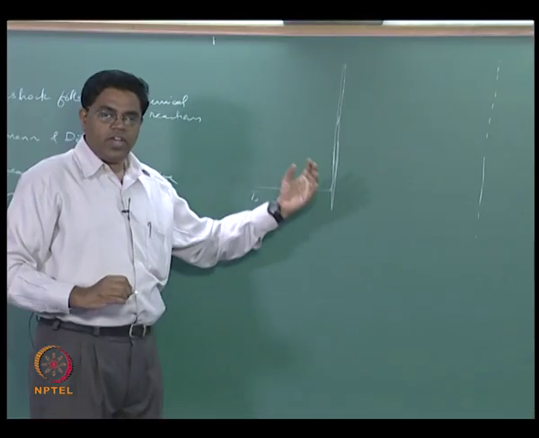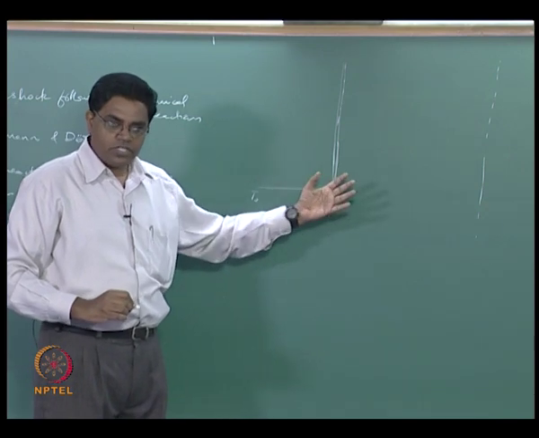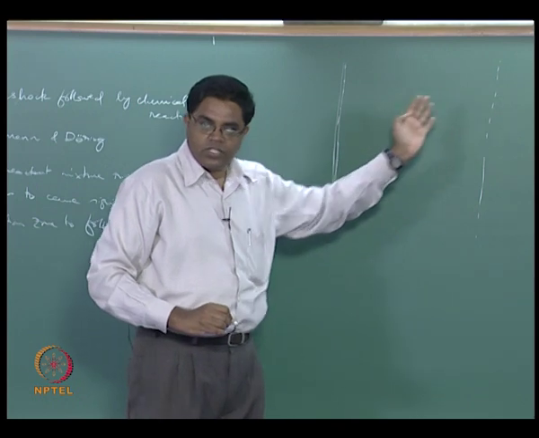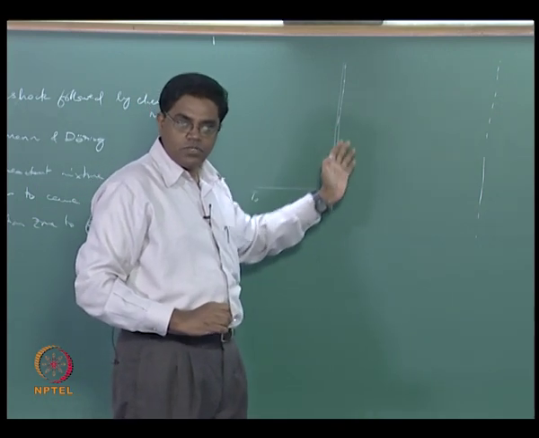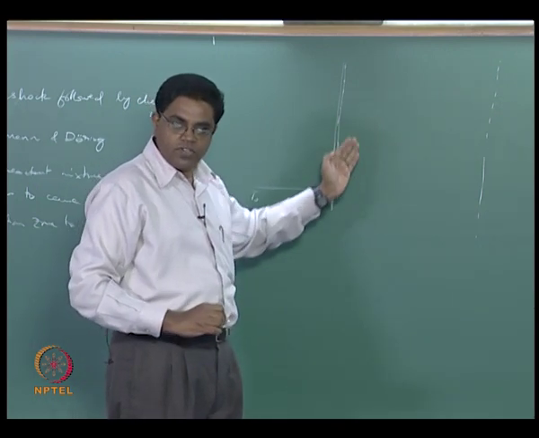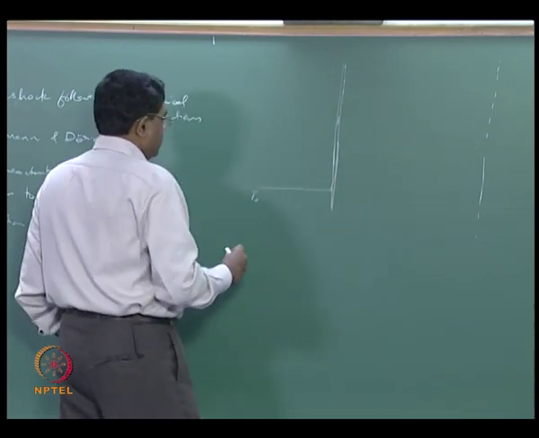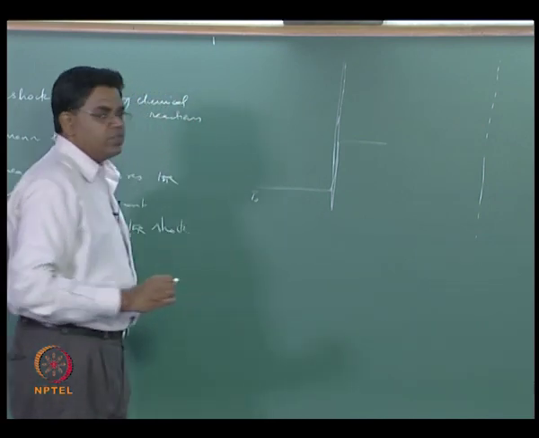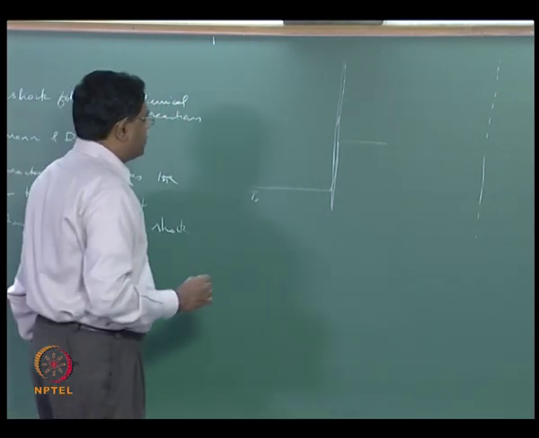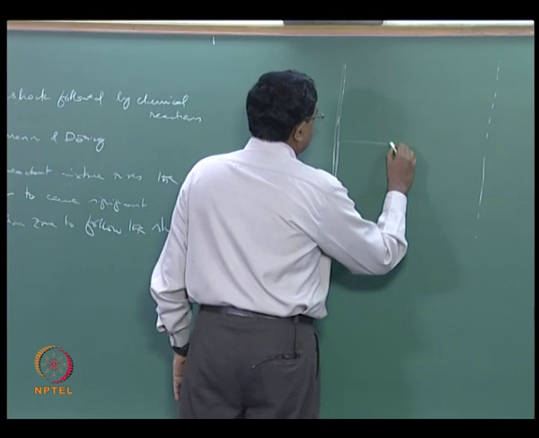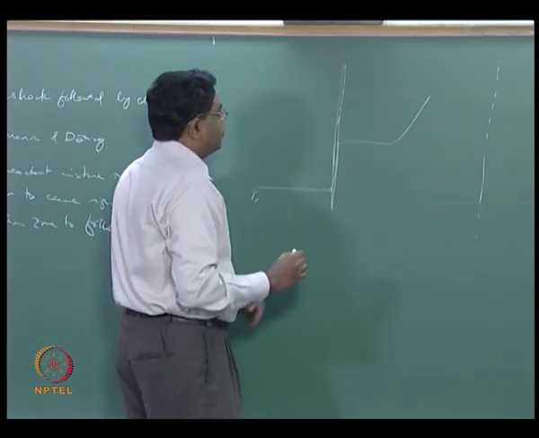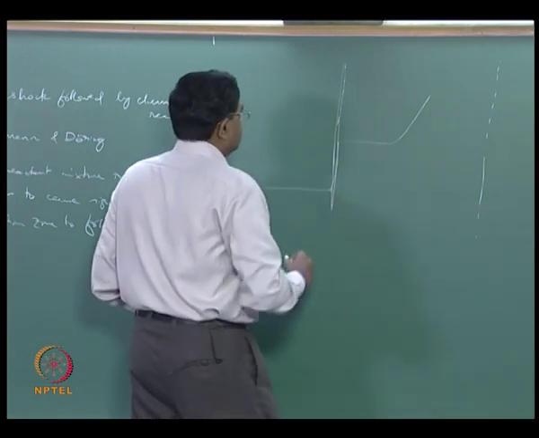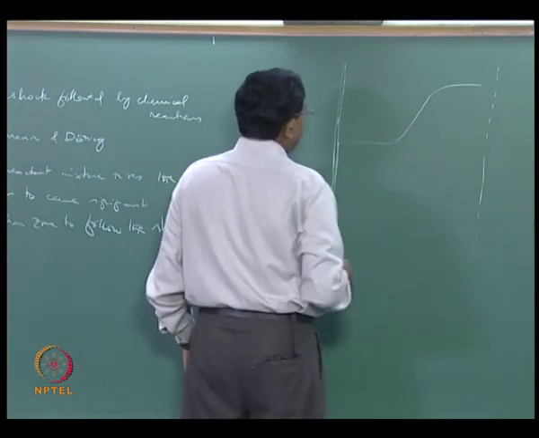Because in reality, if you have chemical reactions, you have to reach something like the flame temperature, and the shock itself is not going to raise the temperature up to the flame temperature. It's going to raise it up to some point, and then you have a region where the temperature remains constant for some distance, and then it begins to increase very similar to the way it increases in the deflagration wave pattern, and then levels off.